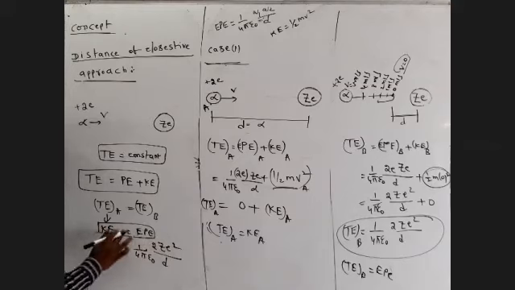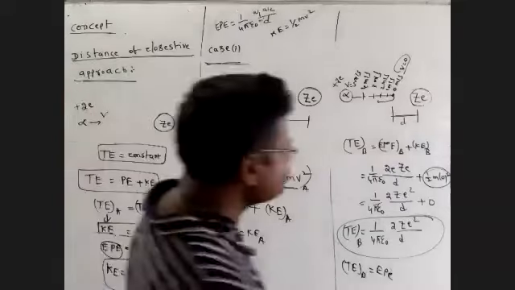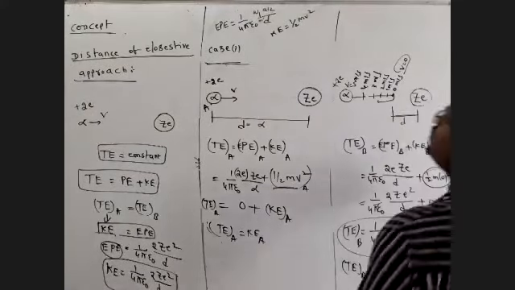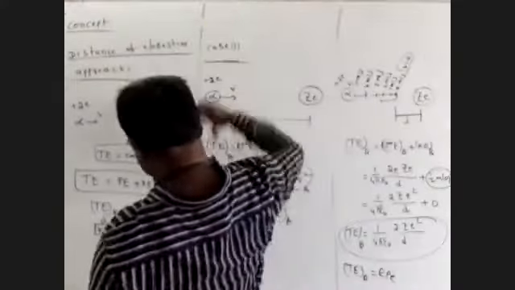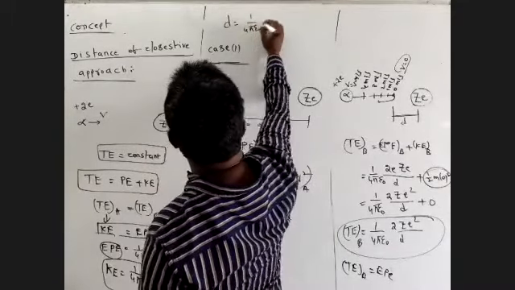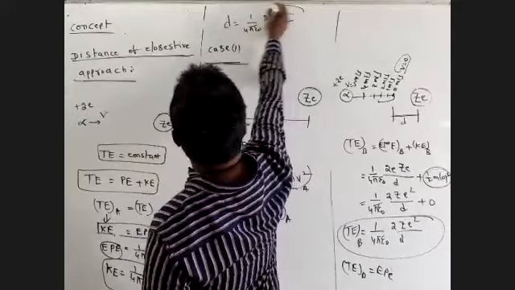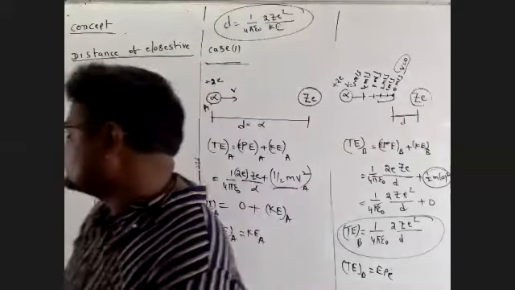So the kinetic energy is equal to 1 by 4 pi epsilon naught into 2 Z squared by D. Now from this formula we write D is equal to 1 by 4 pi epsilon naught into 2 Z squared by kinetic energy. This is your formula.